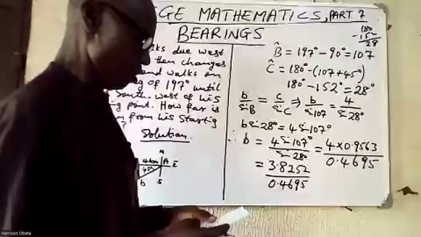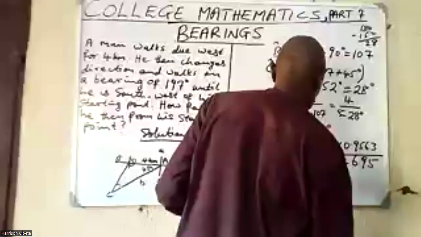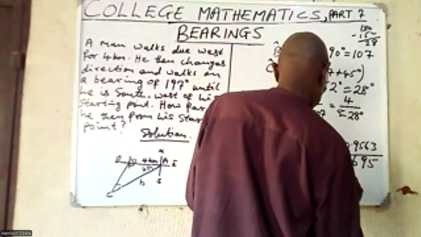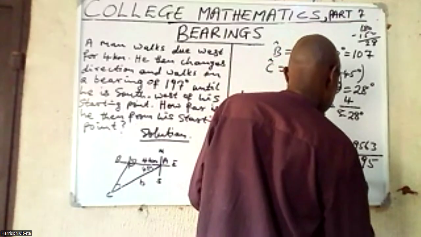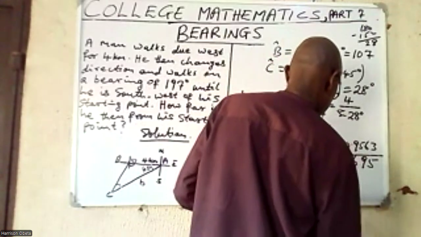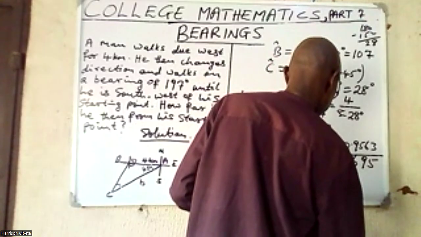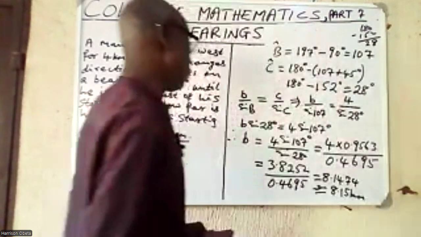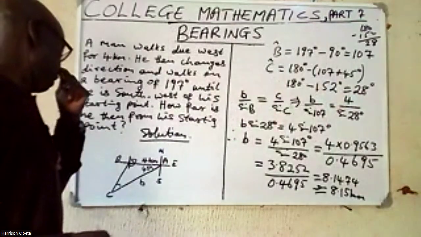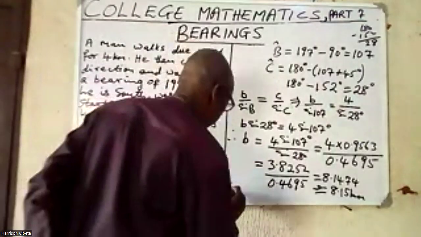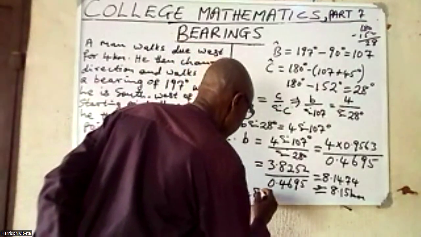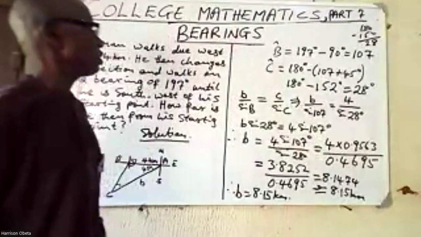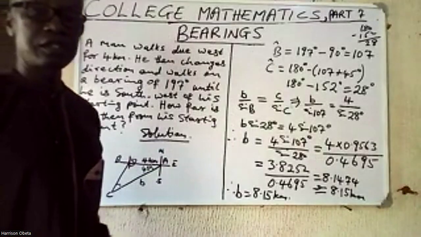If you carry out the division, that will arrive at 8.1474, so approximately equal to 8.15 kilometers. So we have succeeded in getting b. Therefore, b is equal to 8.15 kilometers. So that is how to tackle the question.